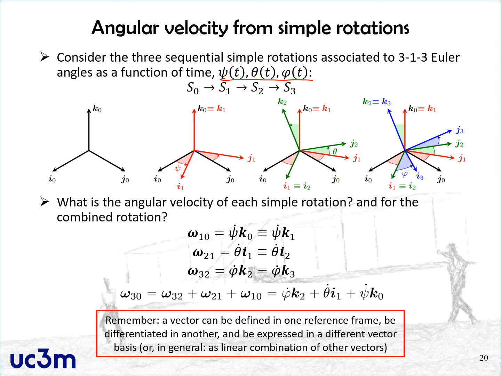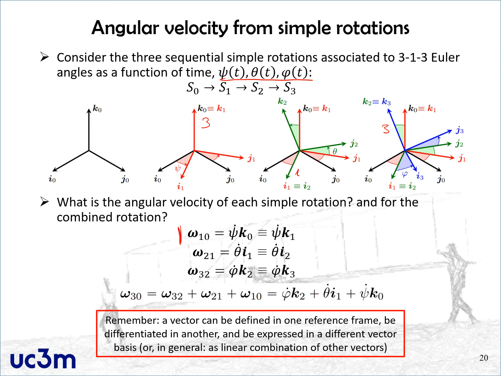So imagine that we have the same order of rotations as we saw before. This is a 3, 1, 3 type of Euler angles, and we have this composition of rotations. The only difference is that now the angles depend on time, so they have an associated angular velocity.